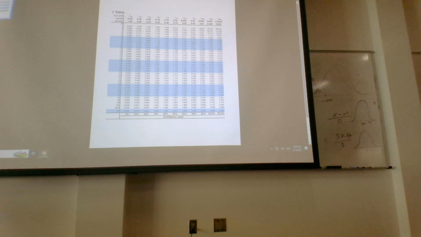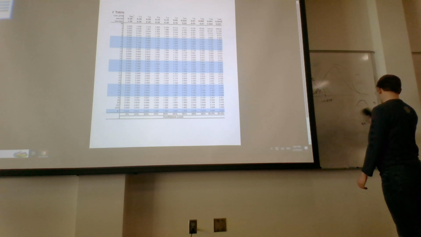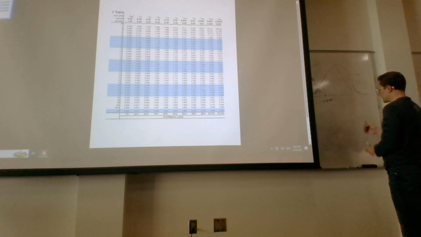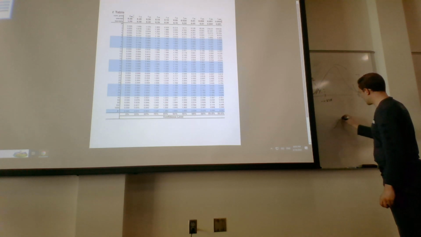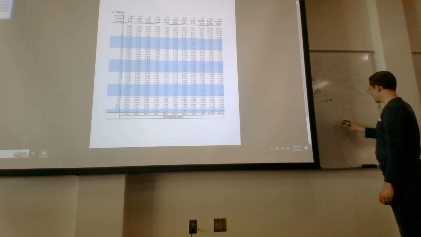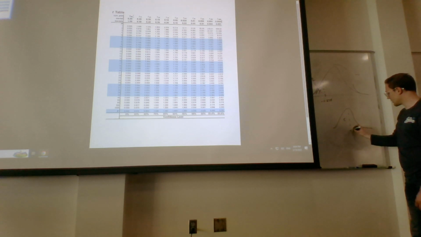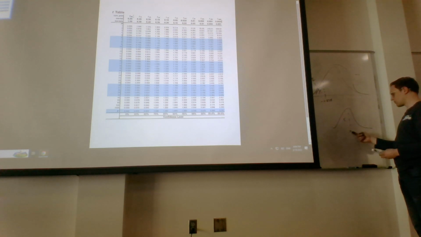This is going to be the cumulative probability. So if the cumulative probability of the t distribution is 50% or 0.5, then that is just going to put us at 0 right there.